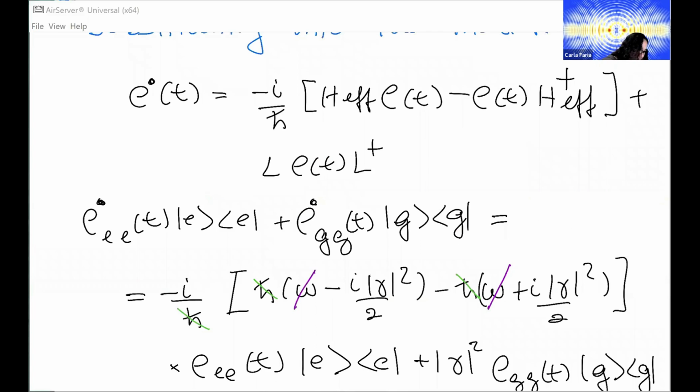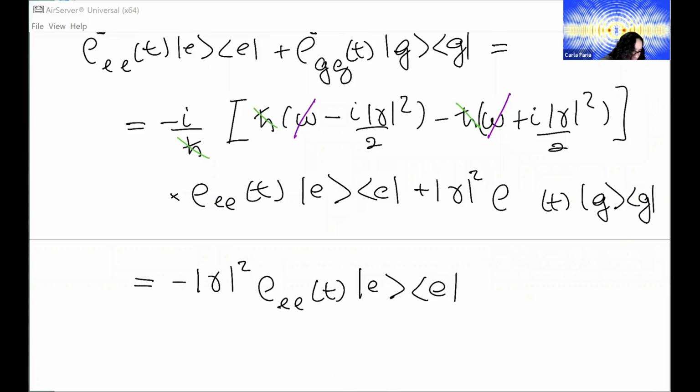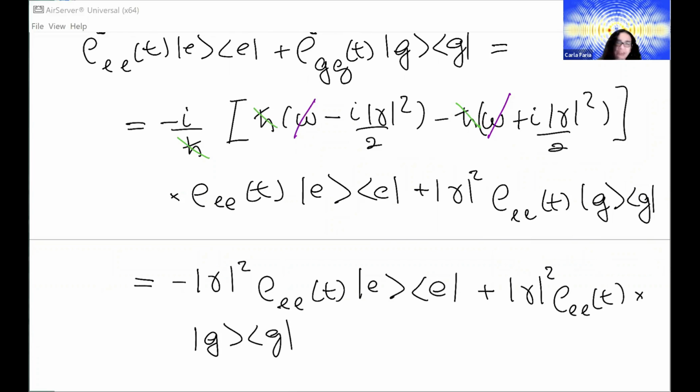It's also E, because we had already some non-vanishing matrix element, but we applied the jump operator and we jumped down. Plus gamma square rho EET multiplied GG. Okay, so this is our result.